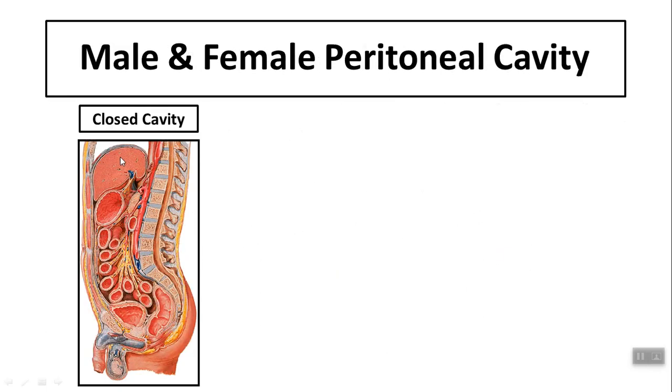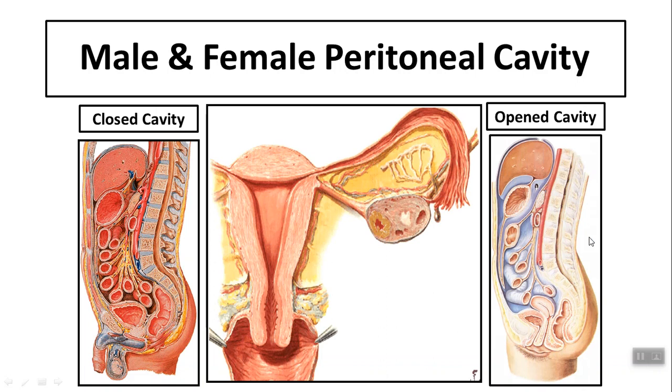In this figure we can see this is the peritoneal cavity of a male, and there is no connection with the outside, while in female there is a connection with the exterior through the uterine tube, the uterus and the vagina. So there is a risk of spread of infection from the genital tract to the inside of the peritoneal cavity. Why? Because of this connection with the exterior.